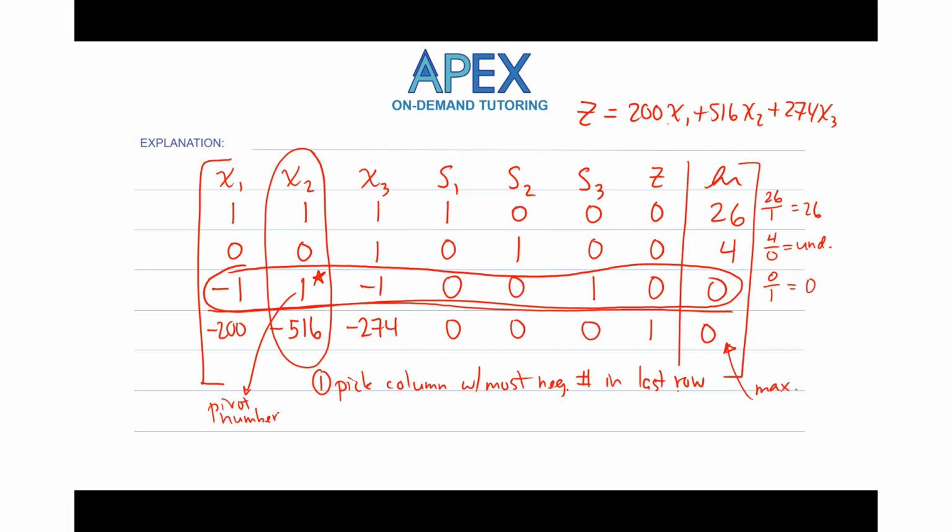And this is what I'm going to use to, in a sense, eliminate all of the other numbers in that column, so that in my x2 column, this 1 is the only one remaining. Everything else will be gone. Okay, so we want to basically eliminate all other values in the pivot column.